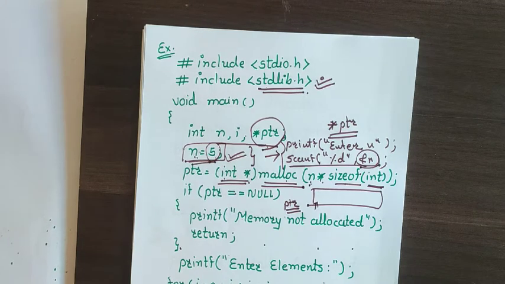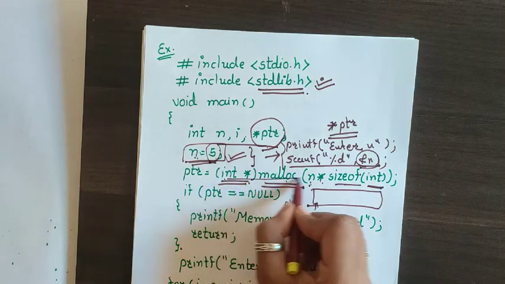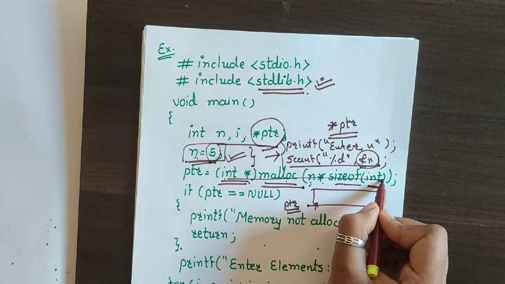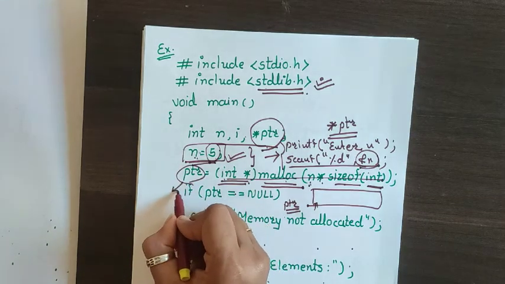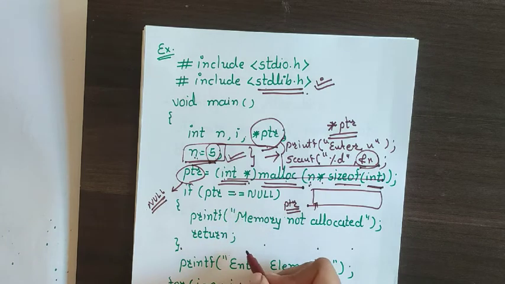Now it might be possible sometimes that memory allocation doesn't go in such a manner. It might be possible some errors are there. So if this code won't work, at that time this ptr will become null. So for that we are checking this.